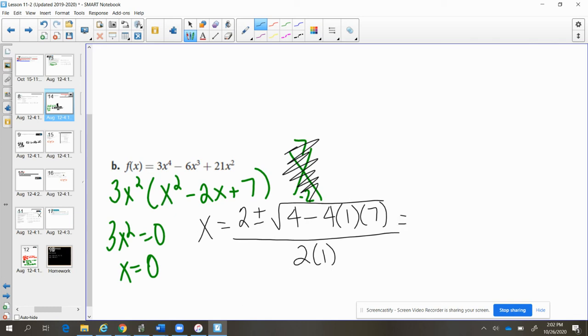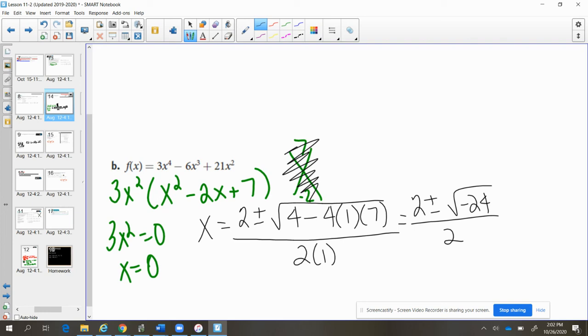Now, if we start simplifying this, we end up with 2 plus or minus the square root of 4 minus 4 times 7, which is 28, is going to be negative 24. And then I'll divide it by 2.